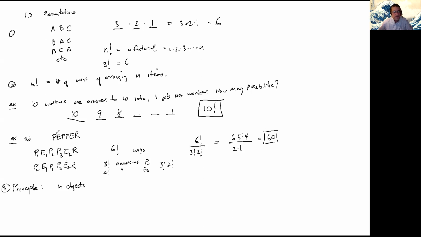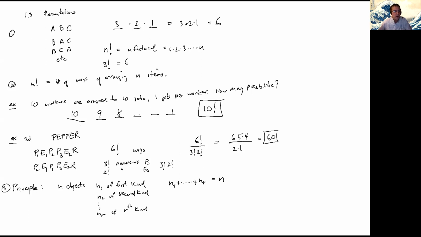So in this case, we have 3 kinds of objects, P, E, and R, and there are n1 of the first kind, so we have 3 P's, and n2 of the second kind, etc., and we have nr of the rth kind. Here n1 plus n2 all the way up to n sub r have to add up to n.